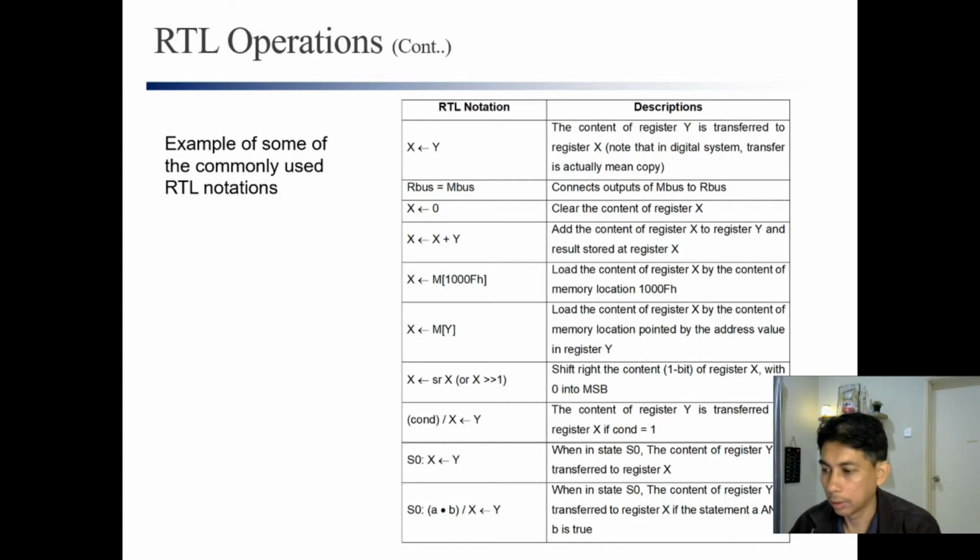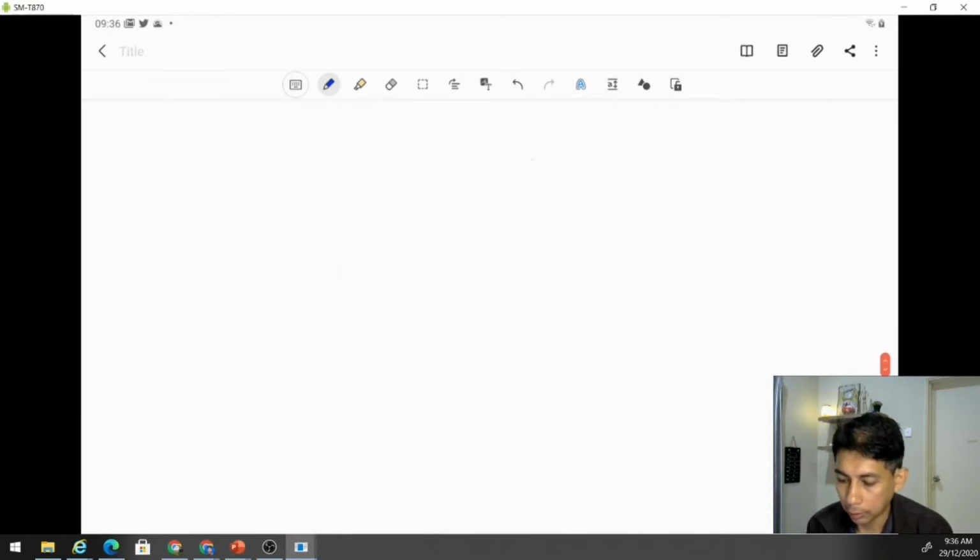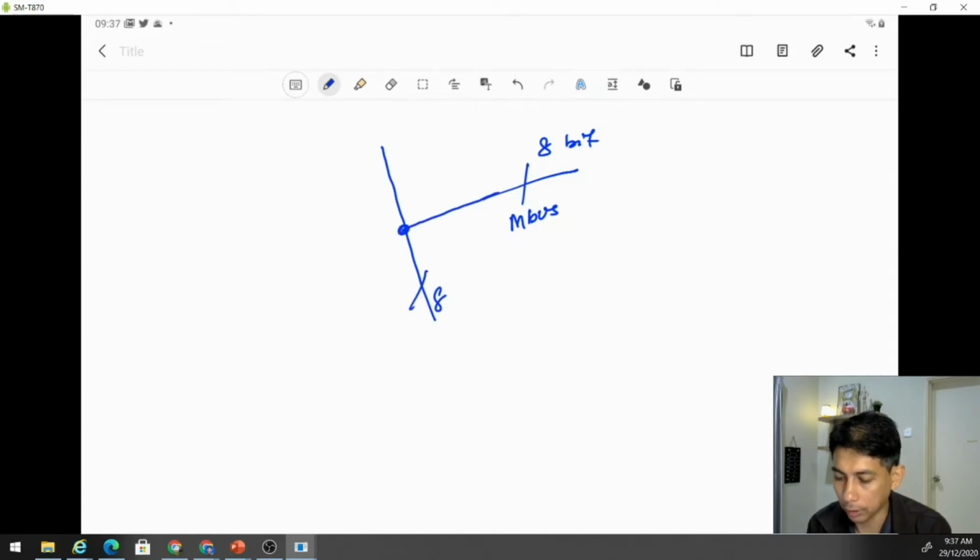So you have this bus, for example 8-bit, this is M bus, and you want to connect all of its wires to another 8-bit bus, which is R bus.